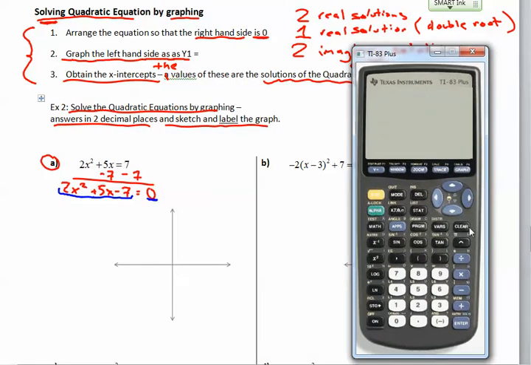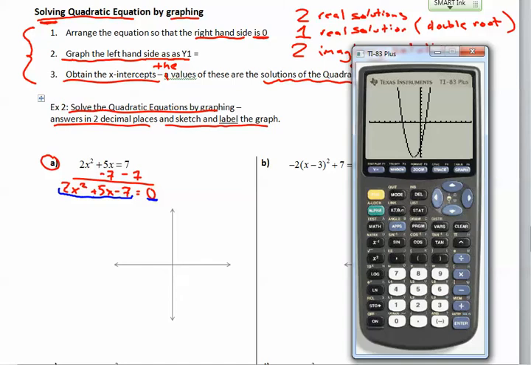All right, so I need to go to y equals to graph this. I got 2x squared plus 5x minus 7. Throw it in right there, hit my graph button. Boom, I got my parabola, it's opening up.